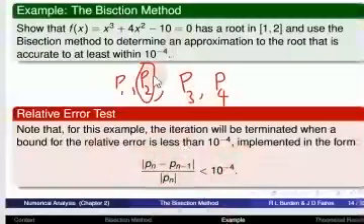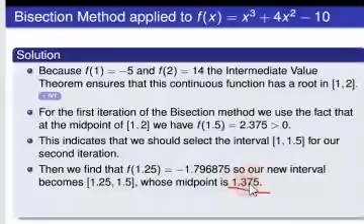So the first midpoint is 1.5, the second one is 1.25, and the third one is 1.375.